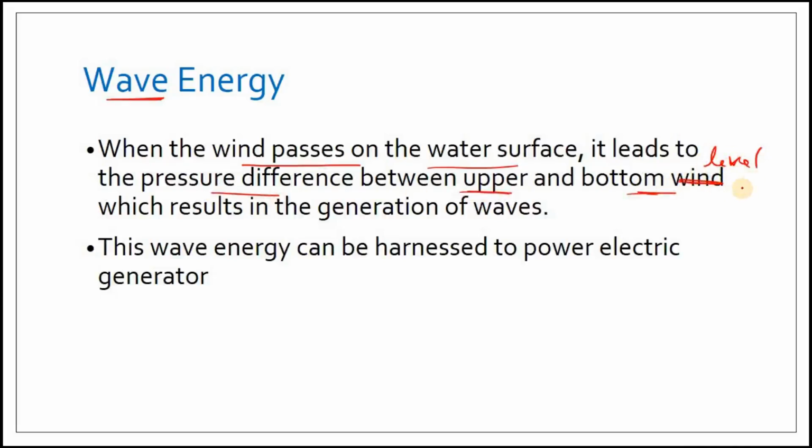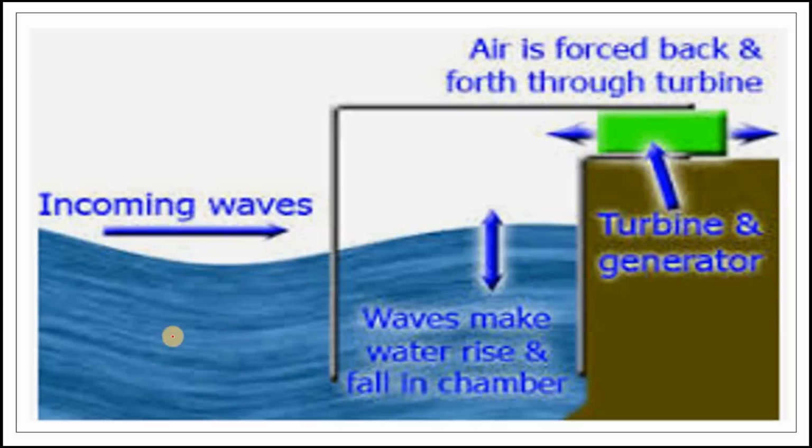Upper and bottom layers of water, which results in the generation of waves, right? This wave energy can be again harnessed, means can be used to power an electric generator. Something like this, same thing.